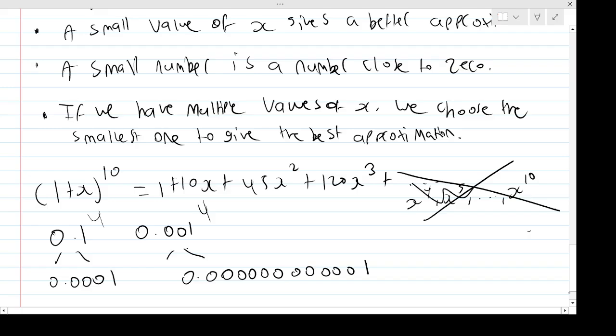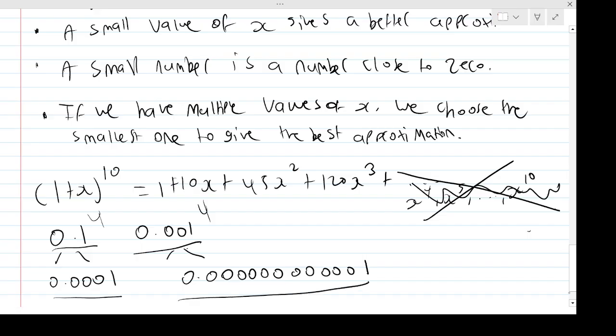So we can ignore the higher powers of x. Because higher powers of a small number like this, compared to 0.1, as you can see, make a big difference. The smaller the number we pick, if we raise it to a power, it basically goes to 0. So it gives a better approximation, and we need fewer terms as a result.